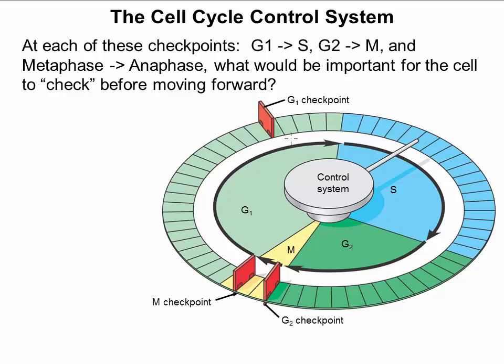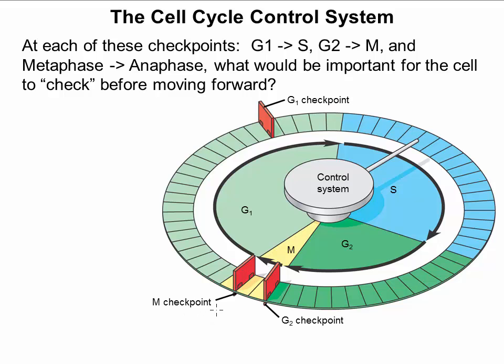So the three checkpoints that are really important and that we're going to look at occur here. The first one is at the end of G1, and this is the G1 to S phase checkpoint. The second is the G2 to M or mitosis checkpoint. So this is regulating the progression of a cell from interphase to mitosis to actually start dividing. And then the third checkpoint is sometimes referred to as the mitotic checkpoint.